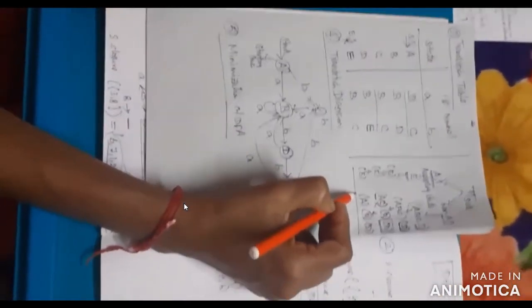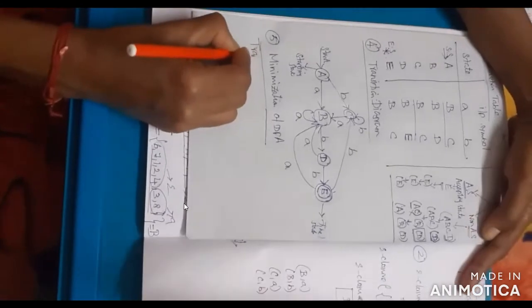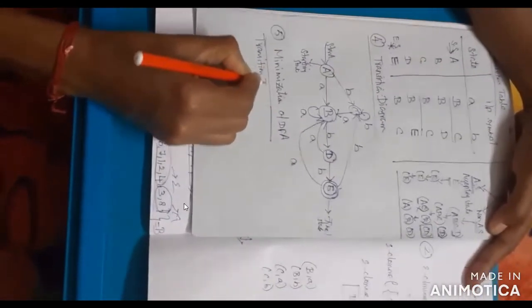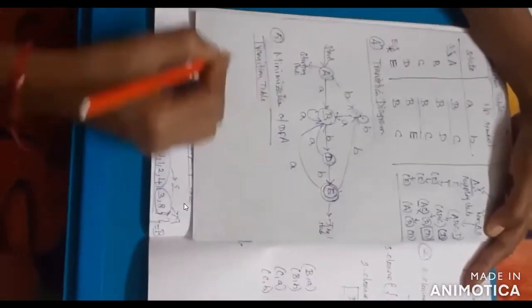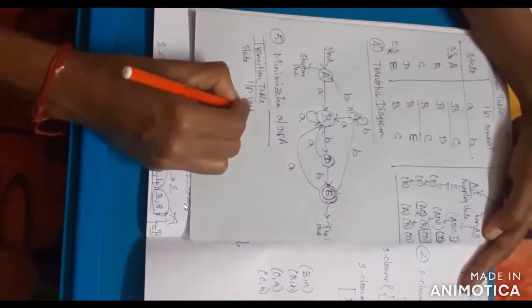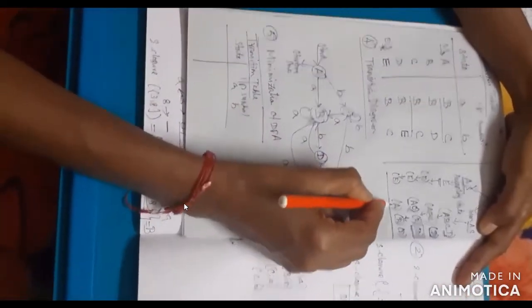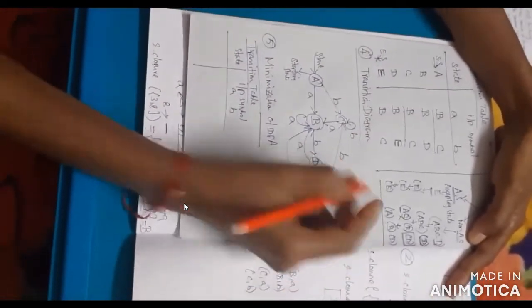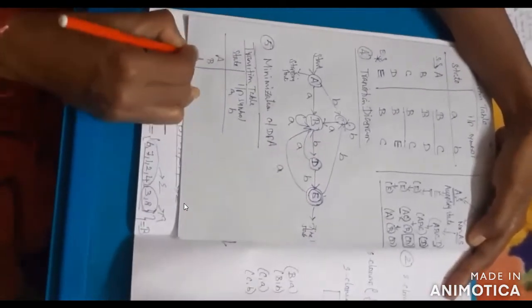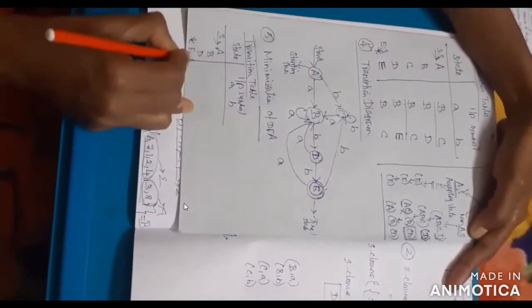Based on the minimization of DFA, now I can do the transition table of the minimized DFA. Transition table: states, input symbols, small a, small b. Here 4 states will be there: A, B, D, E. A is the starting state, E is the ending state.